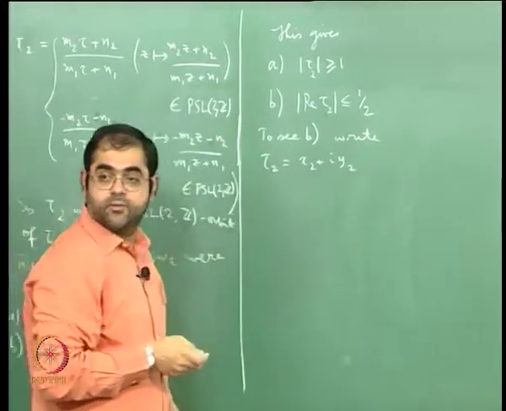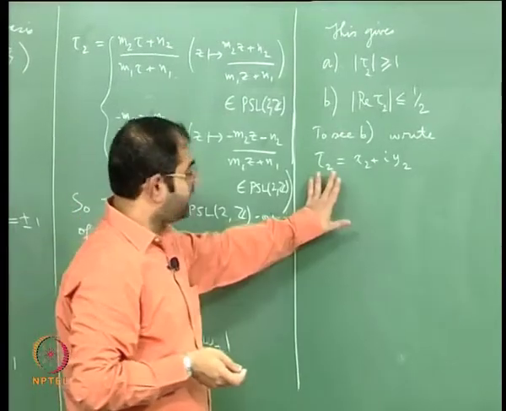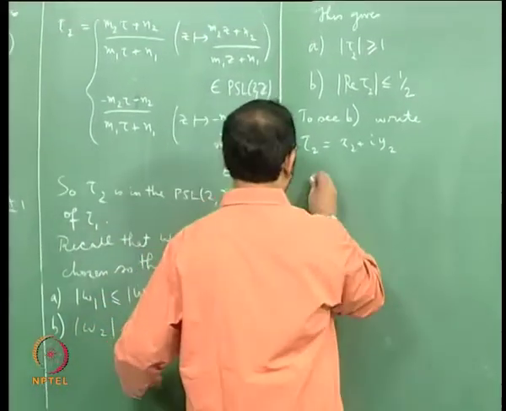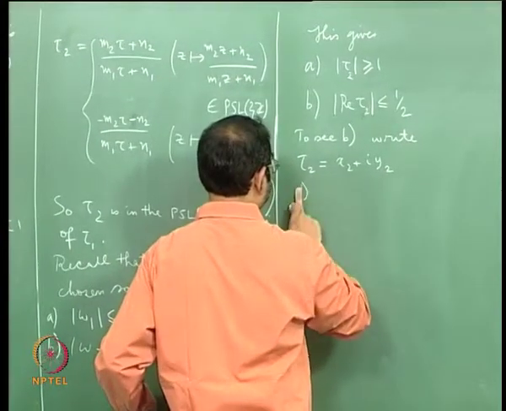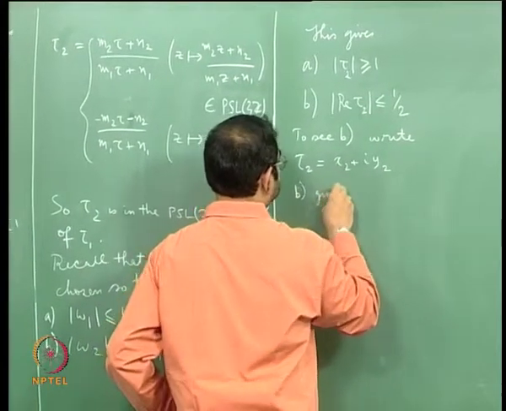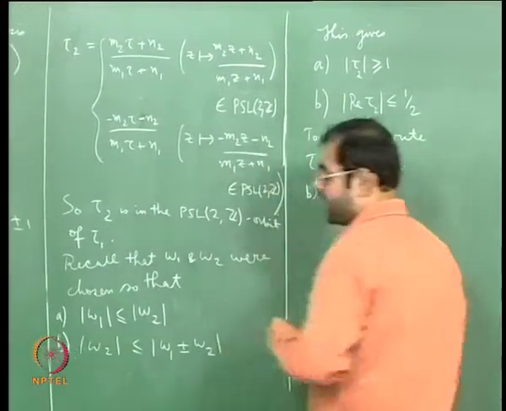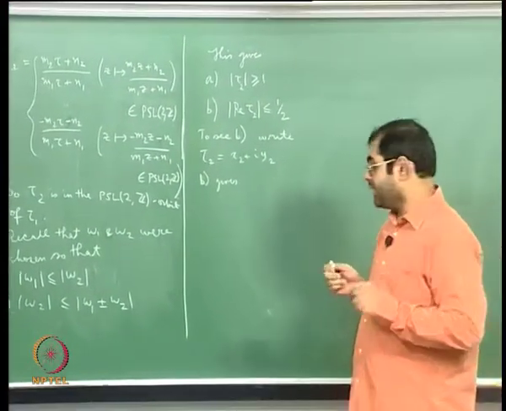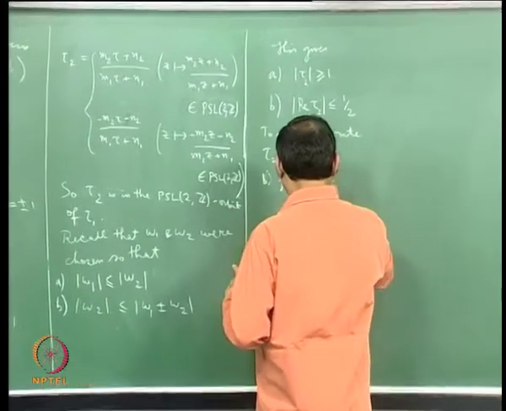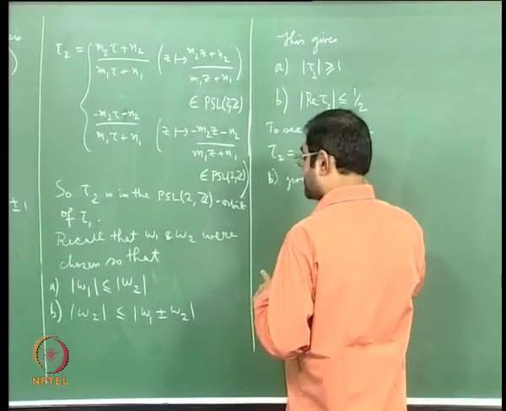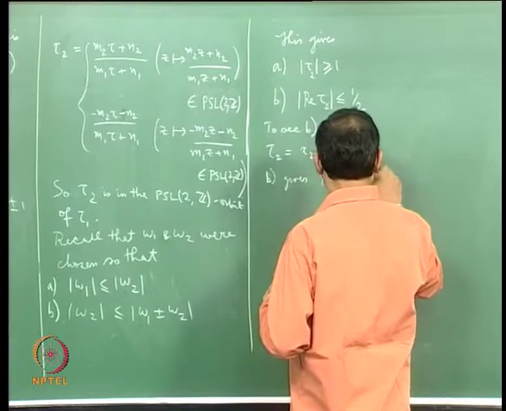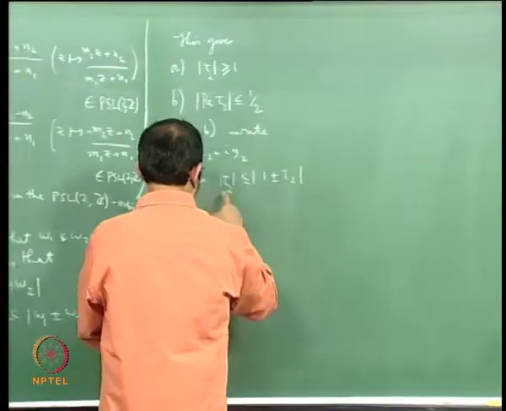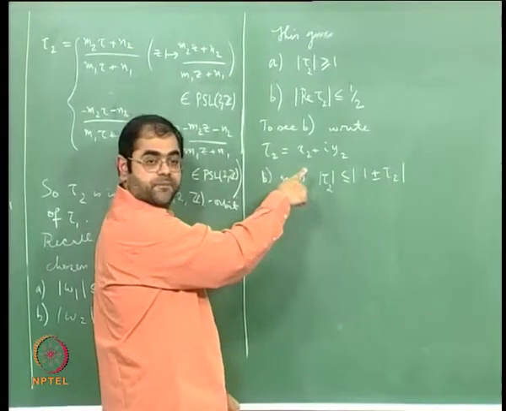Then B gives, if you divide throughout by mod omega 1, mod tau 2 is less than or equal to 1 plus or minus mod tau 2, and now you plug in this.